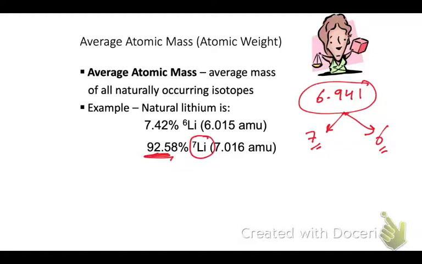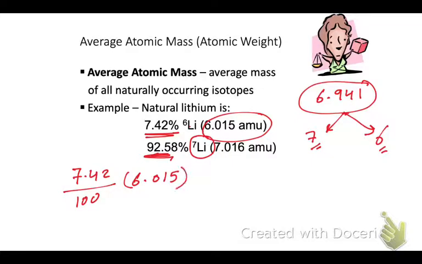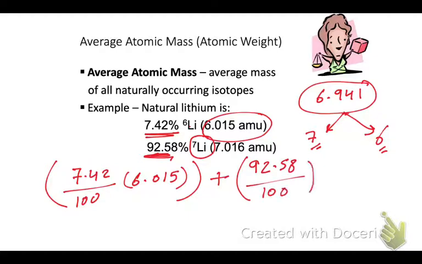If you want to know how we get this number, this is the math you use. You take the percentage of lithium-6, which is 7.42 over 100, and you multiply it with the mass, which is 6.015. Then to that you add the percentage of lithium-7, 92.58 over 100, multiplied by 7.016.